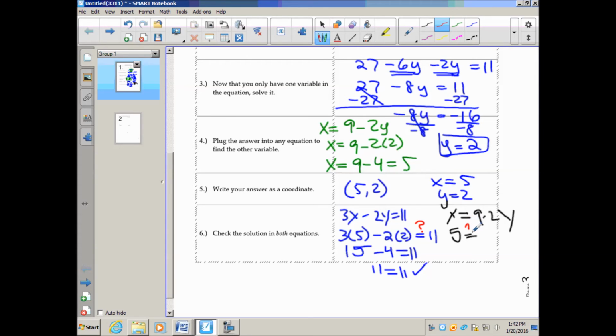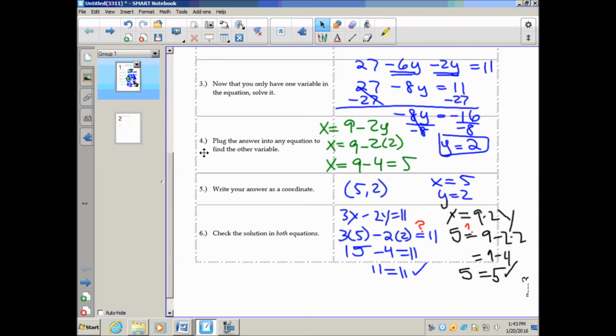I'm going to check that. 9 minus 2 times 2. Well, this is going to be 9 minus 4. 2 times 2 is 4. And 9 minus 4 is 5. So I see here again, this did work out. The left side equals the right side, so I know we did it correctly.